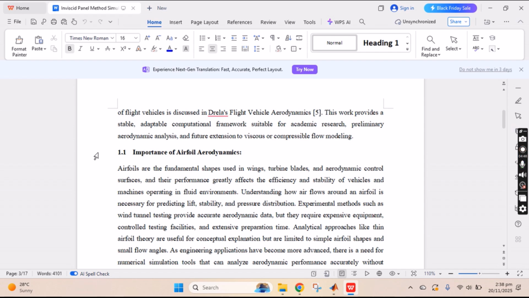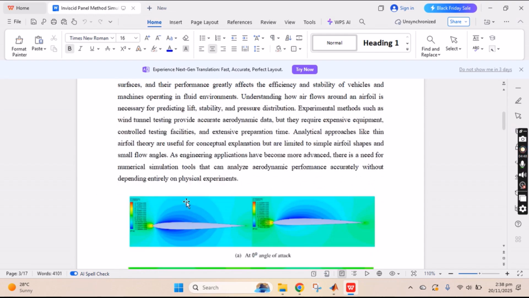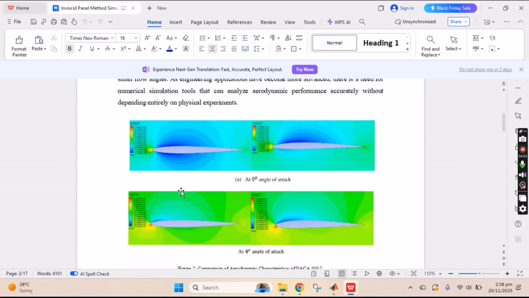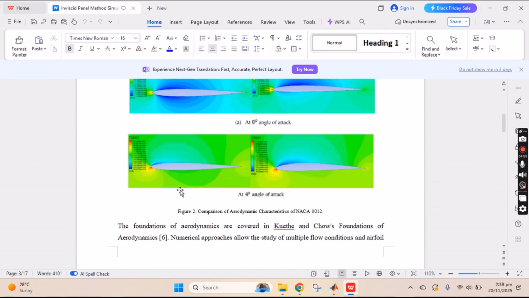turbine. So here this is the angle of attack theta, for example 0 degrees and 4 degrees angle of attack.